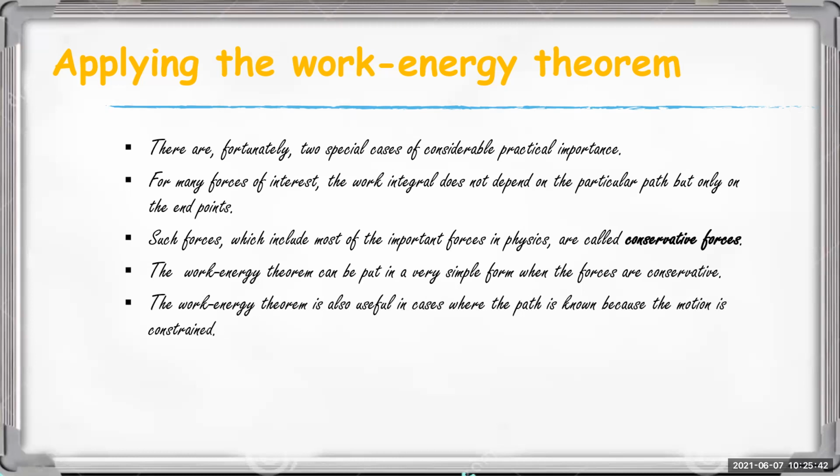And in the other case, the work energy theorem is also useful in cases where the path is known because the motion is constrained. What do you mean by constraint? A limitation of the motion.